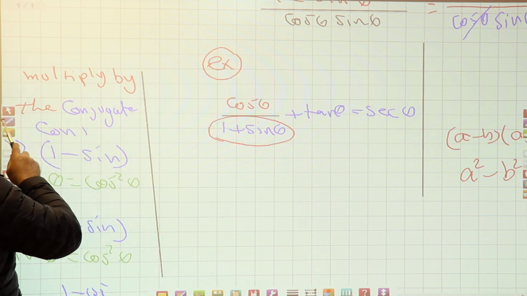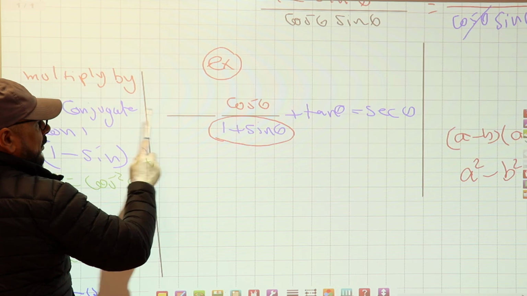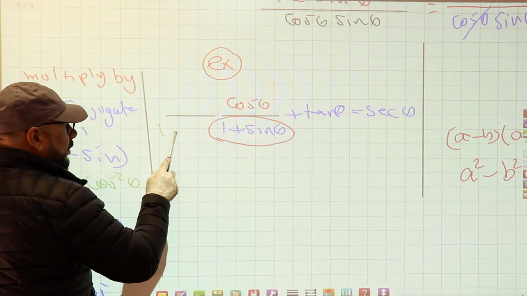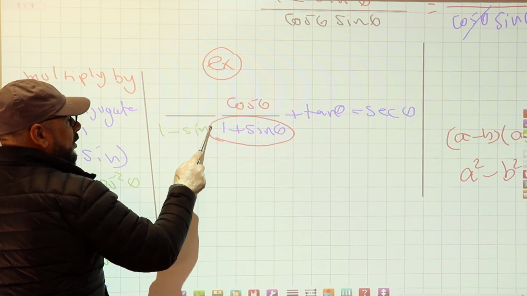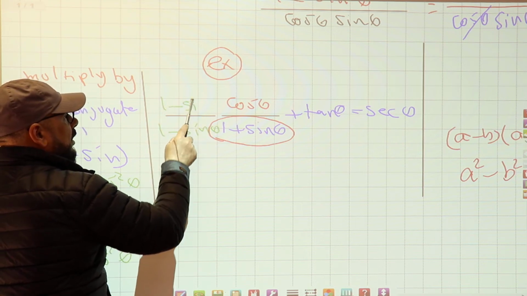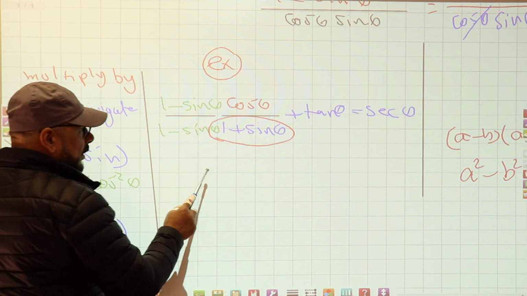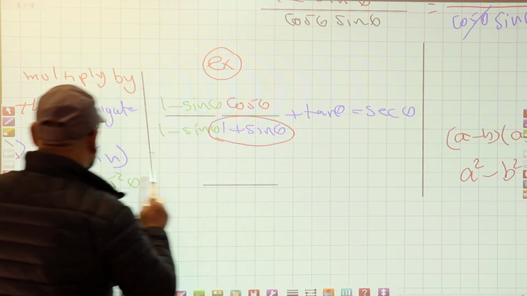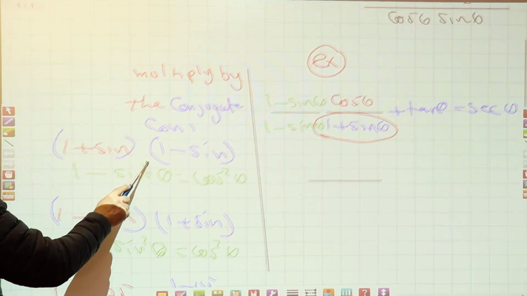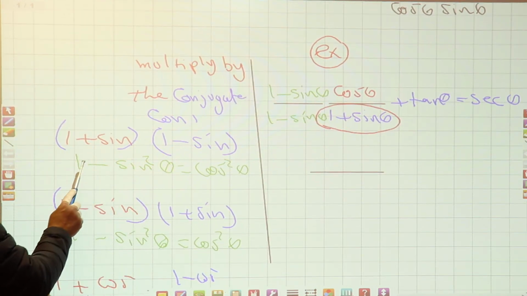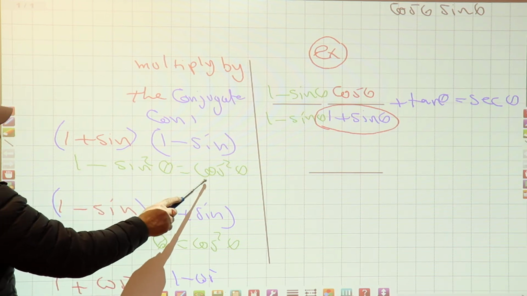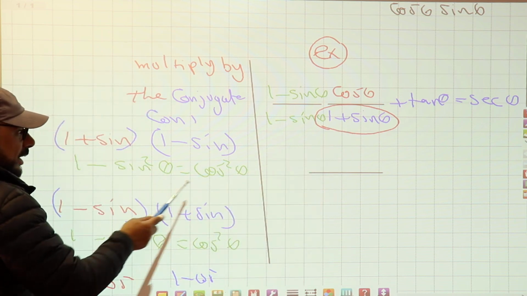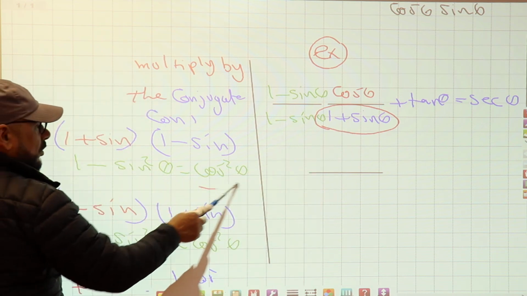What's my conjugate here? Let me use green. 1 minus sine theta. And then my conjugate will end up in the bottom. 1 plus sine, 1 minus sine, 1 minus sine square theta equals cosine square theta.